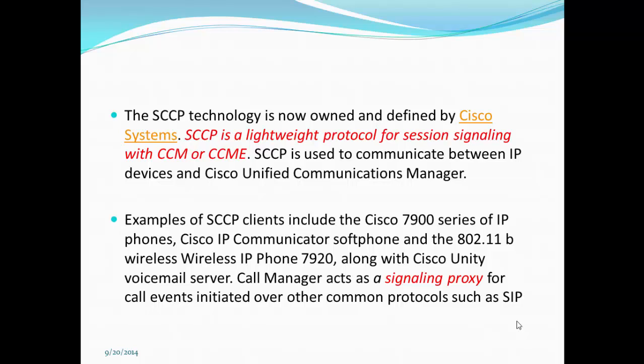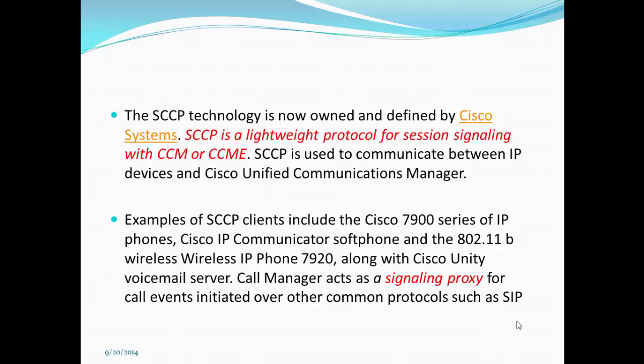Okay, the Skinny technology is now owned and defined by Cisco Systems. It's a lightweight protocol for session signaling with Cisco Call Manager or Cisco Call Manager Express. The Skinny protocol is used to communicate between IP devices and Cisco Unified Communications Manager or Manager Express, which is a subset of the call managers.